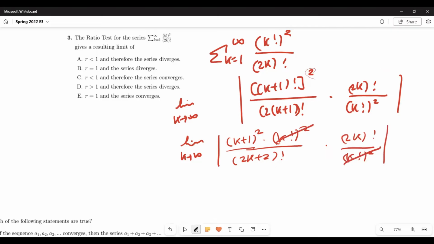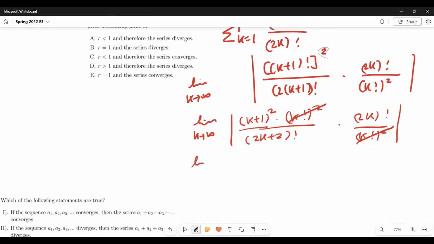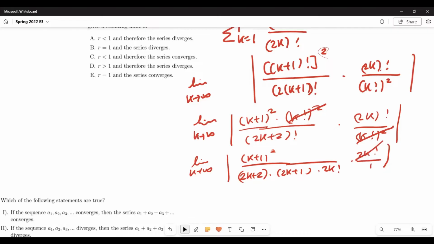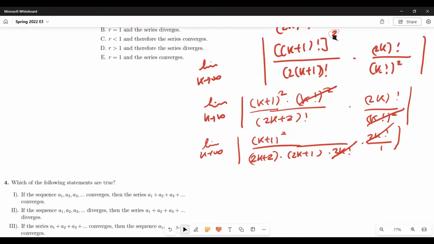The (k factorial) squared cancels out, and this is the limit as k goes to infinity of (k+1) squared over (2k+2) times (2k+1) times (2k) factorial, and we have (2k) factorial over 1. So the (2k) factorial can be cancelled out, so ultimately we are left with (k+1) squared over (2k+2) times (2k+1). So the limit as k goes to infinity of k squared plus 2k plus 1 over 4k squared plus 6k plus 2.